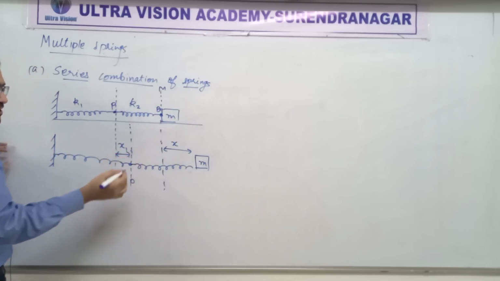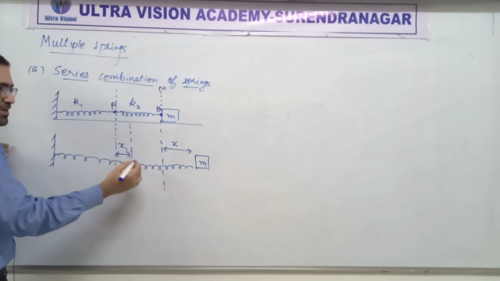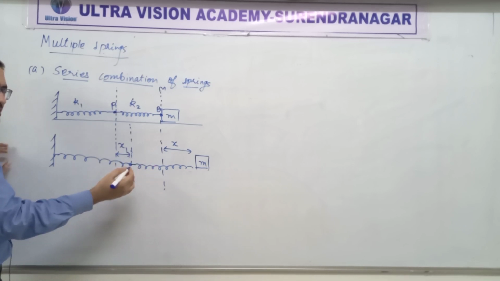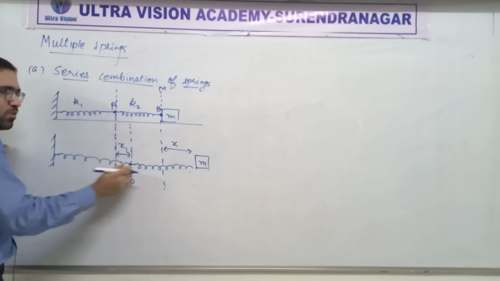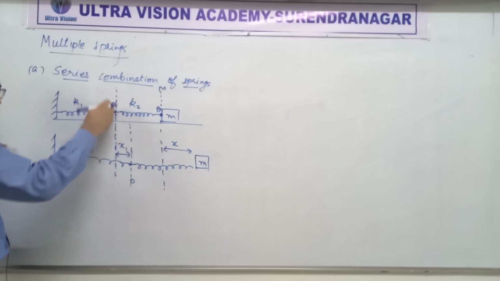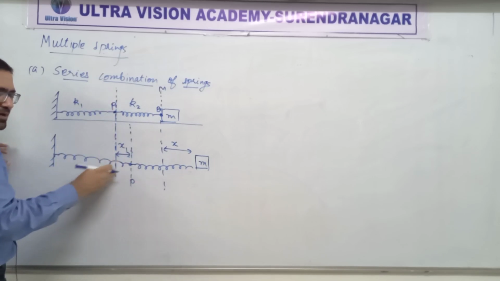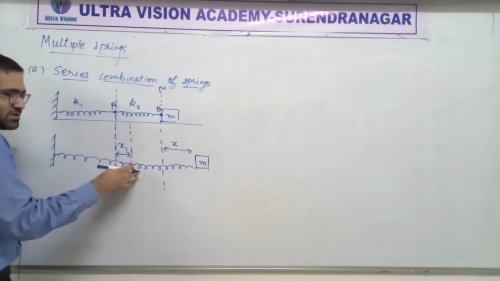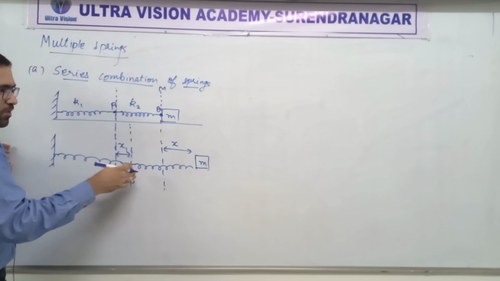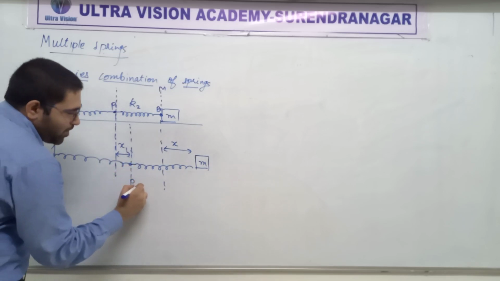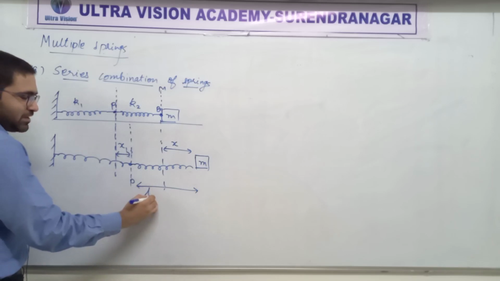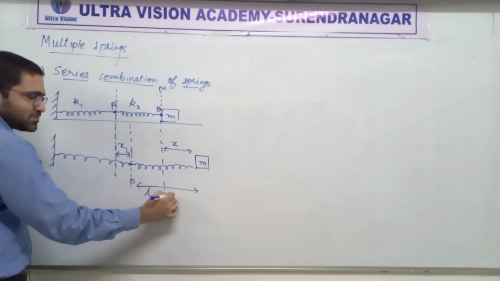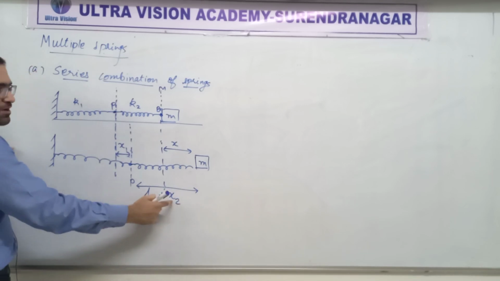Now, it is not easy to show x2. The reason is this line has moved. If you look at this line P, the point P is no more over here. It has moved. So basically what you could say is that from P to this will be the natural length of spring 2 plus x2, because the second spring got extended by x2.